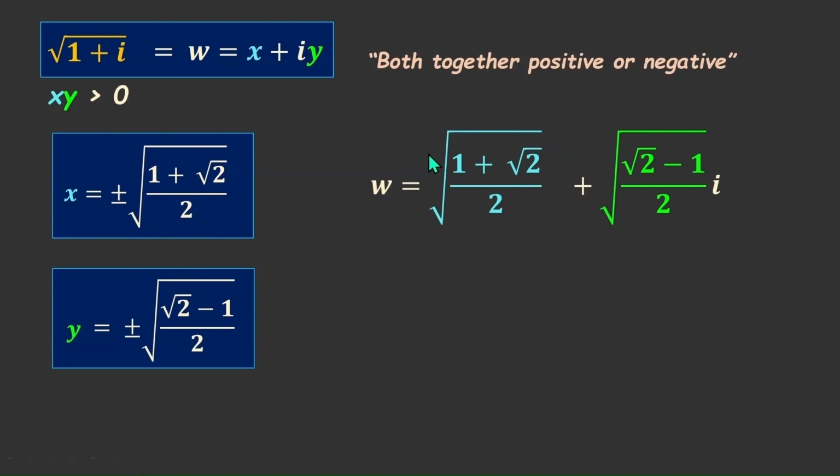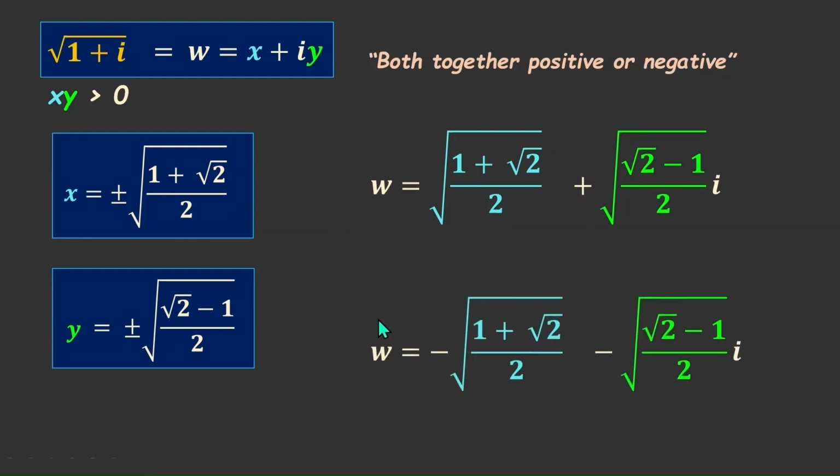And now this would be either plus or minus. So our first root would be both of them as plus, whereas our second root would be both of them as minus. And these are the two square roots of our complex number 1 plus i. And if we only need to find the positive square root, then it would be this.